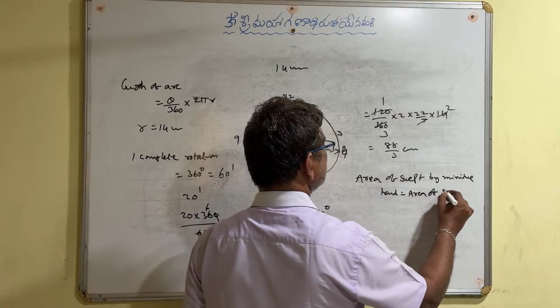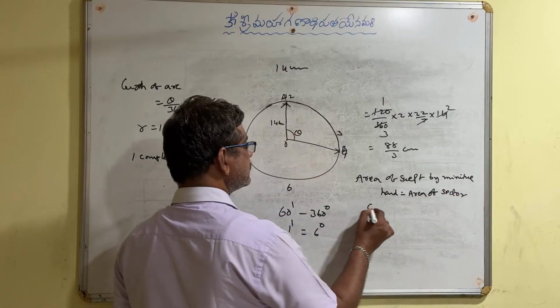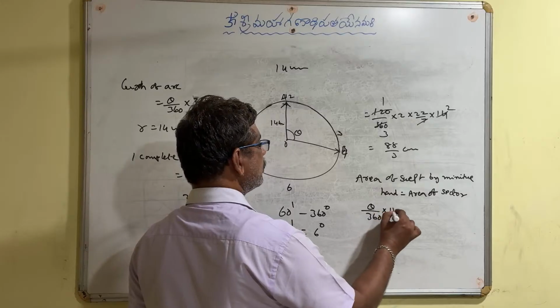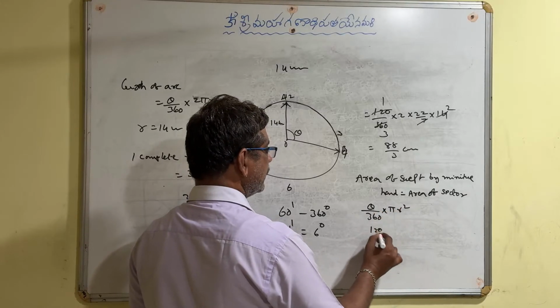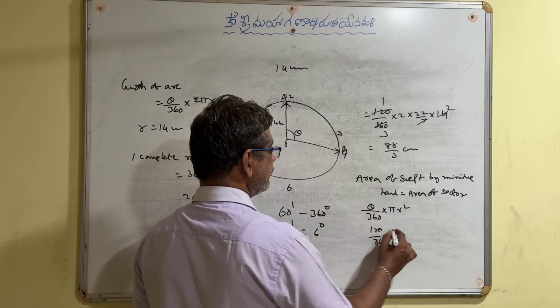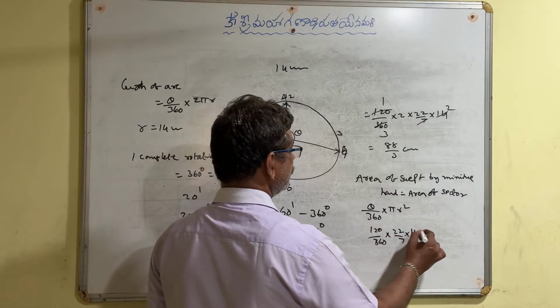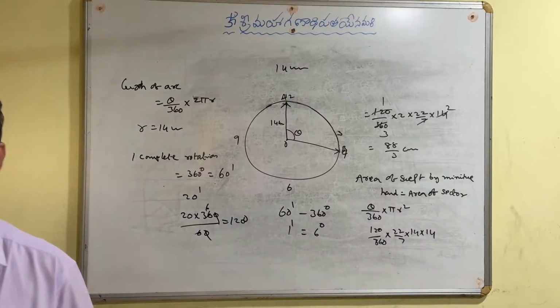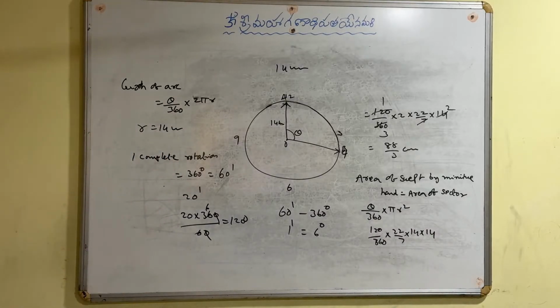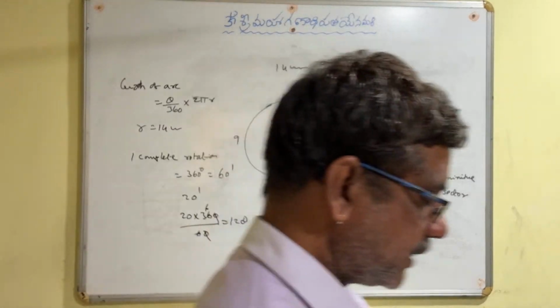Area of sector, that is theta by 360 into pi r square. 120 by 360, 22 by 7 into 14 into 14. Area swept by the minute's hand is equal to area of sector in 20 minutes. So sector angle doesn't change, radius also does not change. 120 by 360 into pi r square.